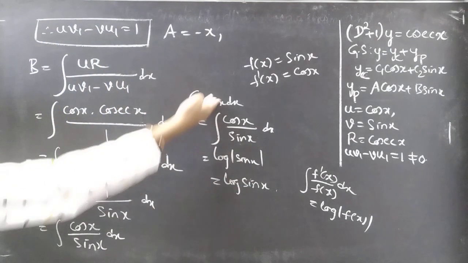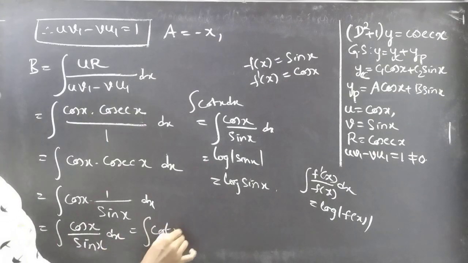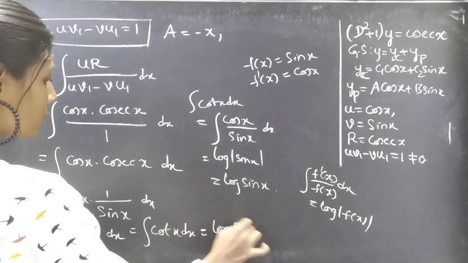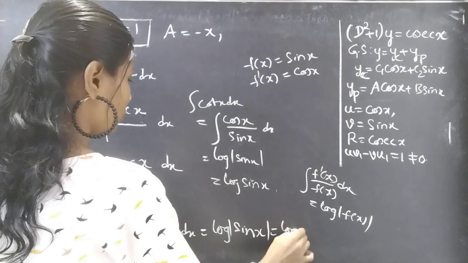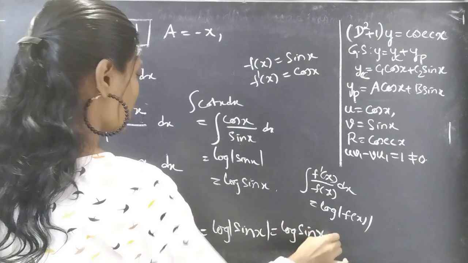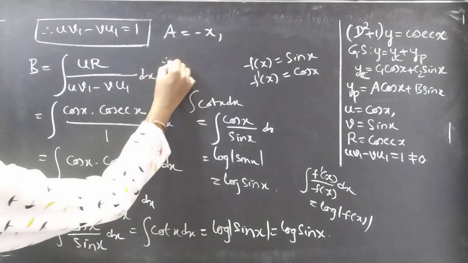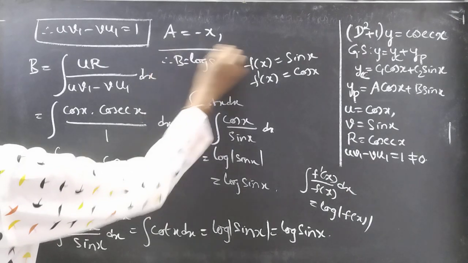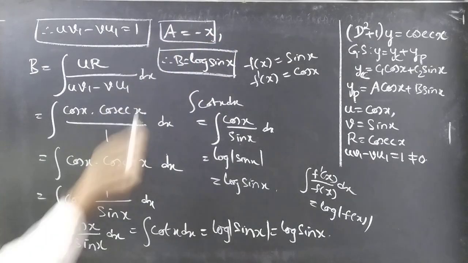Now I know the formula of cot x dx, so I'll just replace cos x by sin x with cot x. So I'll get integral cot x here, which equals log sin x. Firstly I'll write log mod sin x, and then we can write this as log sin x. So we got b, therefore b equals log sin x. Also we got a, so we have a and b.